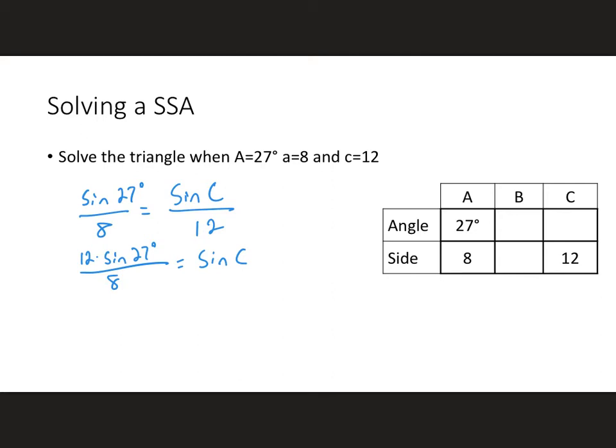So arc sine of the entire quantity, 12 times the sine of 27 degrees divided by 8 equals angle C.